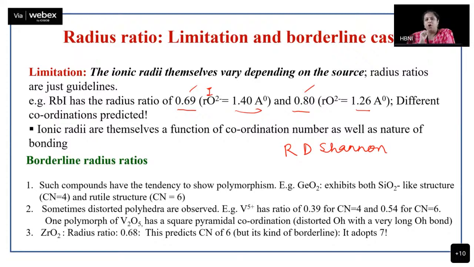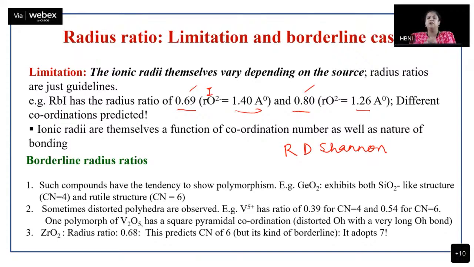Because if my cation is surrounded by 4 anions and I calculate the distance between cation and anion and halve it, then in 4 coordination this distance will be smaller than in 6 coordination, because 6 anions around the cation would be spread wider. Similarly, 8 anions around the cation would be spread still wider. So the ionic radii themselves are a function of coordination number as well as the nature of bonding. These are the things that bring anomaly, but it is fine.